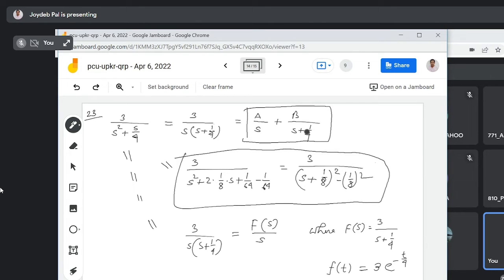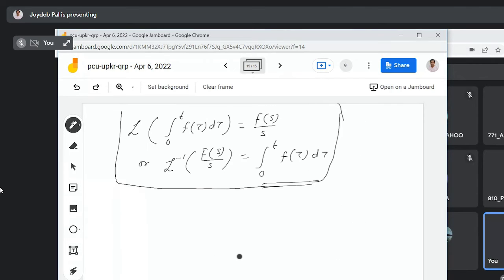Now, ultimately, what will be the answer? It is not the answer. It is a Laplace inverse of F(s). That is f(t). Now, to find Laplace inverse of F(s) by s, means the given function, what you will write? You see that formula. What I will write?